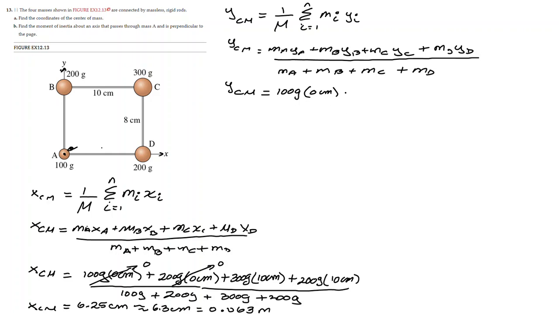Now mass B, which is 200 grams, is 8 centimeters above the origin, so we have to include here 8 centimeters, multiplied by 200 grams, plus mass C, which is 300 grams, times the y coordinate of this mass C, which is also 8 centimeters, plus then mass D, which is 200 grams, times, in this case, mass D is on the x-axis, so its y coordinate would be 0 centimeters.